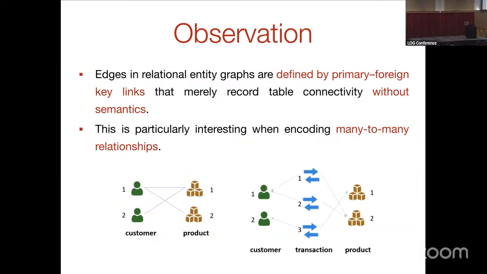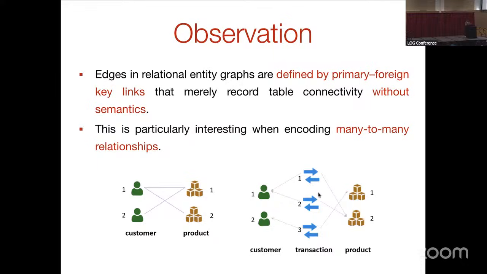We observe that edges in relational entity graphs have some uniqueness, in that every edge is by default a primary-foreign key link. When we look at customers and products, they're often connected through certain transactions.